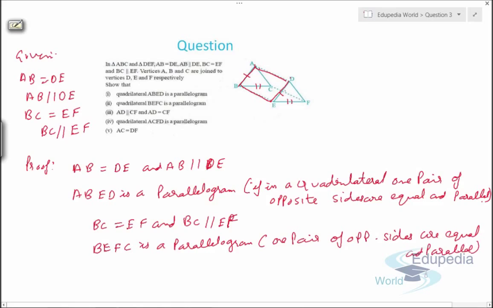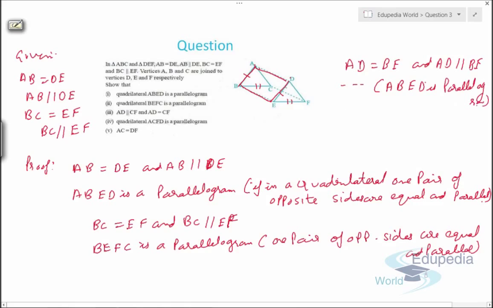So let's see how we can prove this. Since we know that ABED is a parallelogram, we can say that AD equals BE and AD is parallel to BE. Why? Because ABED is a parallelogram, right?